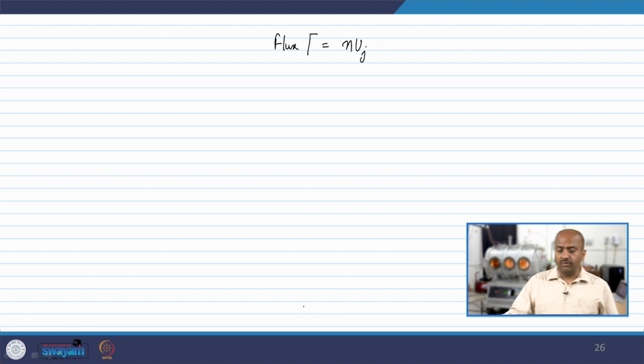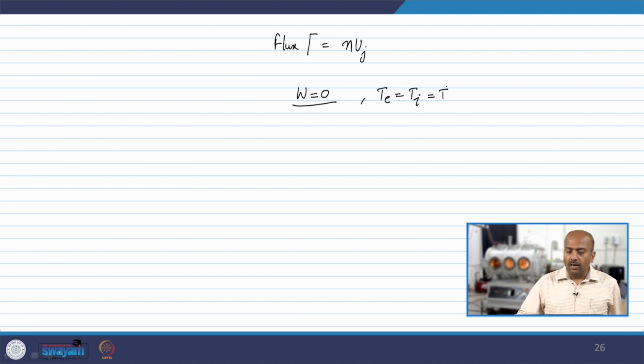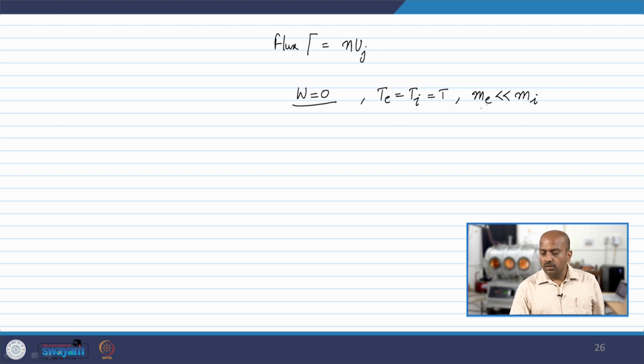To understand this even further, let us assume an equilibrium situation when the velocity W is equal to 0. Let us say the temperatures are equal, Te equals Ti, which we call T, and we know that the mass of the electron is much smaller than the mass of the ion, so we can neglect terms that are multiples of the electron mass.